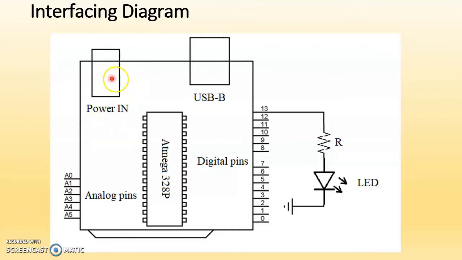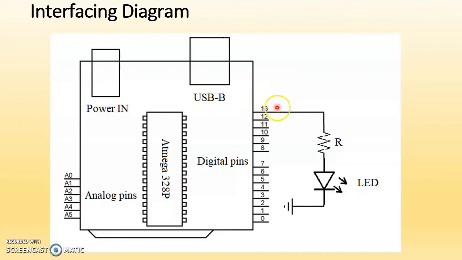For the power input, we can apply external DC voltage from this 5 mm female jack, and the B type USB you can connect here for programming, or it can also take plus 5 volt supply from this USB. From this Arduino Uno board, we will take pin number 13, which is a general purpose digital input output pin.